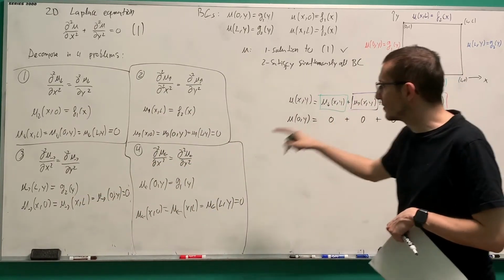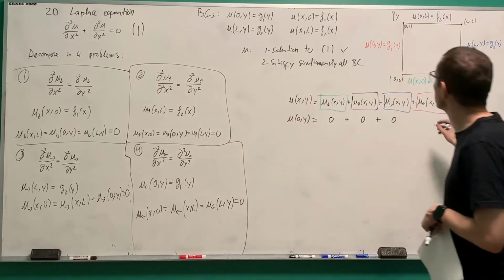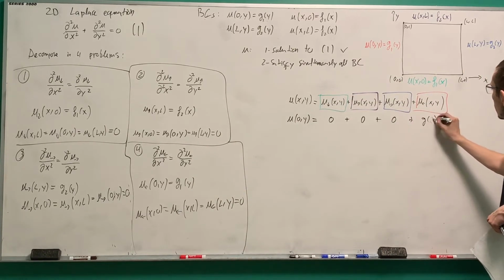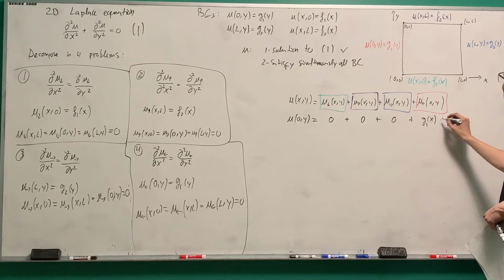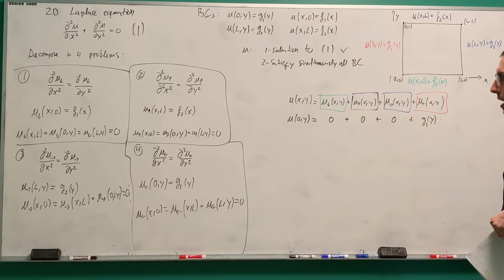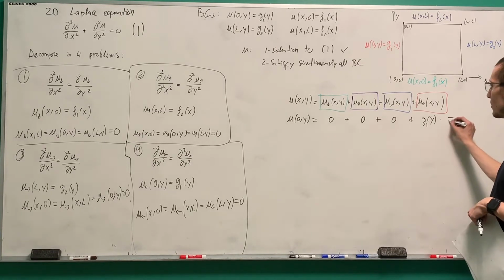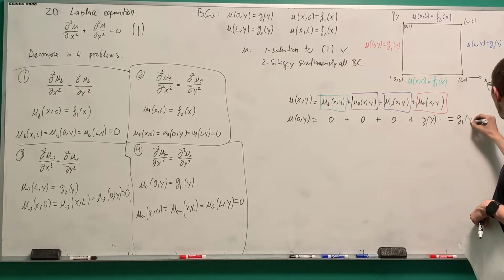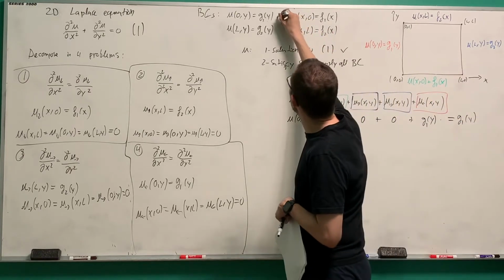And what is u left at 0, y? It is g1 of y, sorry, g1 of y. So what is the final result here? Well, u of 0, y is equal to g1 of y. Nice, it definitely satisfies this one.